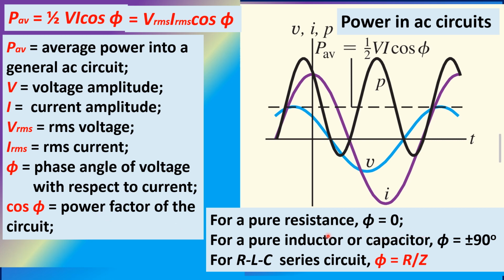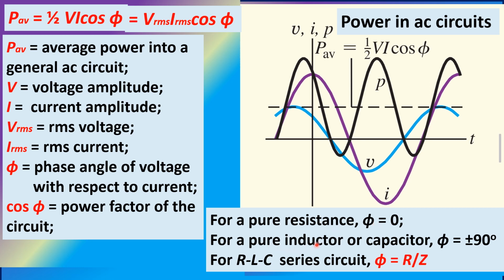So therefore, we say that the power factor is just equal to 1. And that's the reason why the formula for the average power in a pure resistor is just equal to 1/2 the product of the voltage amplitude and the current amplitude.